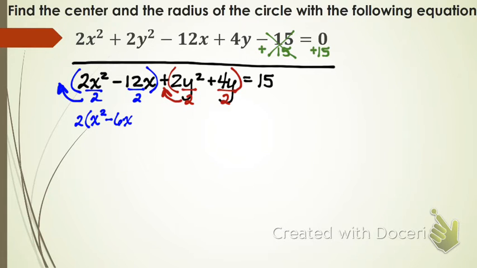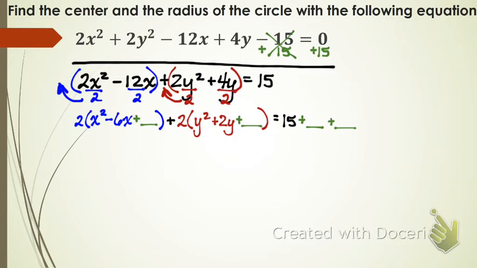All right, so when I get that 2 out in front, now I'm going to make room for what I'm going to add to make it a trinomial. So I have 2, and then y squared plus 2y plus whatever I need to make it a perfect square trinomial. And that is equal to 15 plus, I don't know, plus something else.